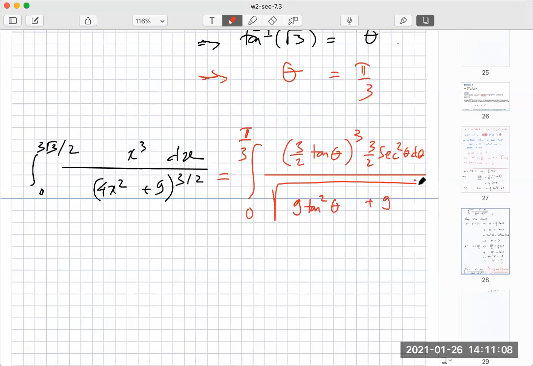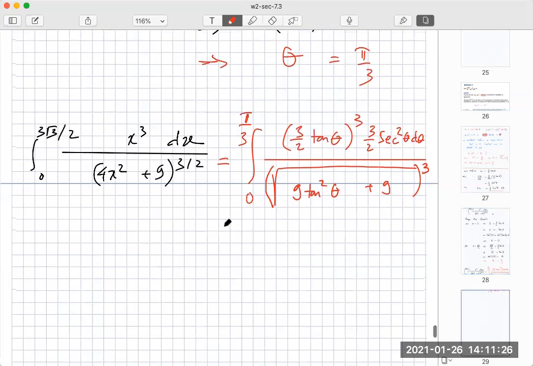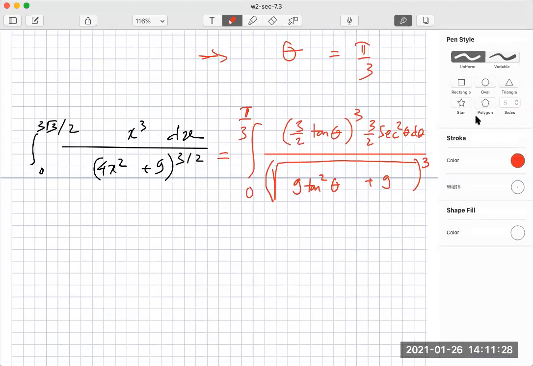And they are all raised to the 3. Let's plug into this. Do it slowly. Then what do we have here?